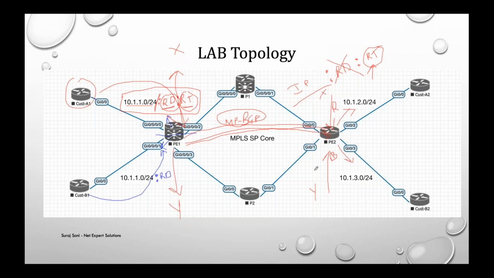So this is how the communication is going to be. Based on that X and Y value, which is the route target value, the router will send the packet either into the red VRF or the blue VRF, based on the received RT value and the configured import value. What he exports will be imported here, and vice versa.